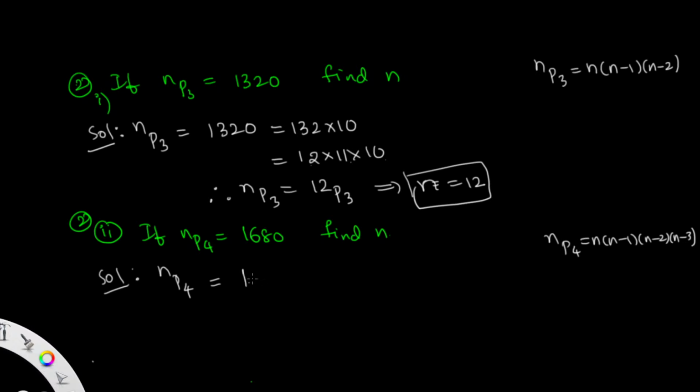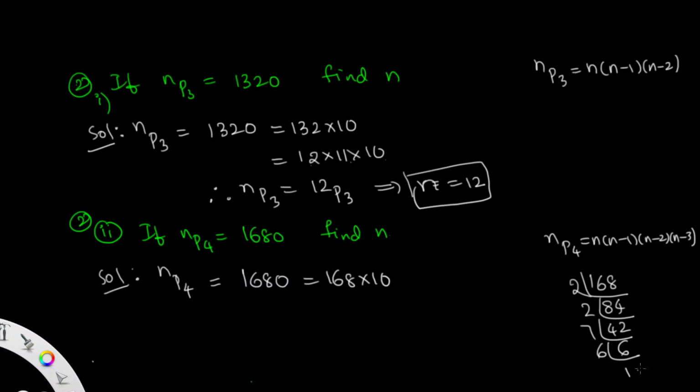Whereas 1680 we have to convert into a product of 4 terms. If you are not getting 168 as a factor, simplify: 2 eights are 4s, 2 fours are 2s, then 7, 6 and 1. Consecutive numbers are there, that is 7 into 6.